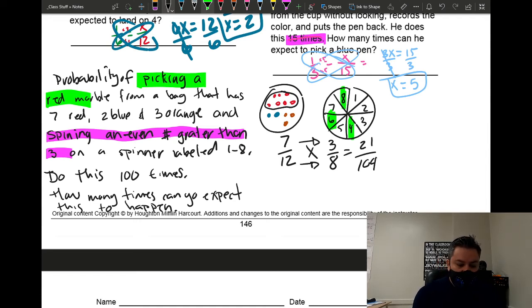Now, we're going to do this experiment 100 times. How many times can you expect this thing to happen out of the 100 times? So we're gonna use this fraction, and we're gonna do the cross products.